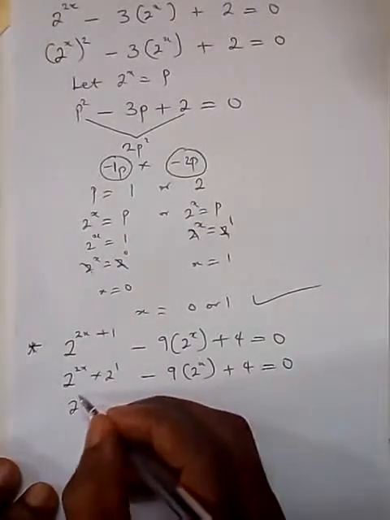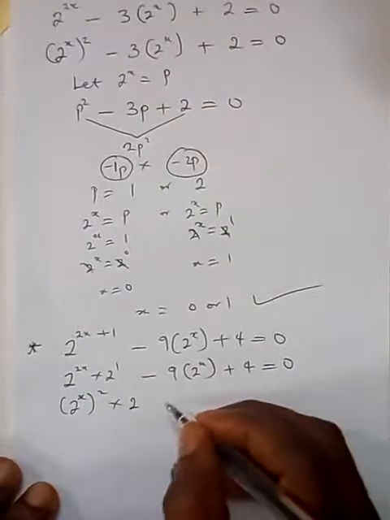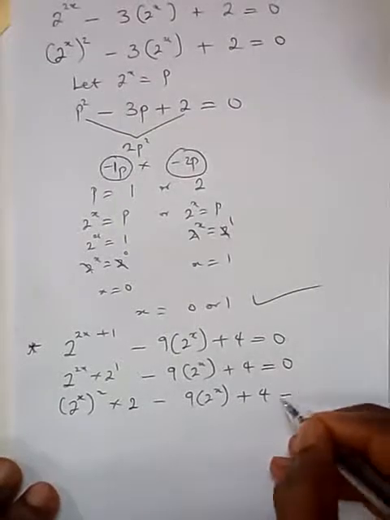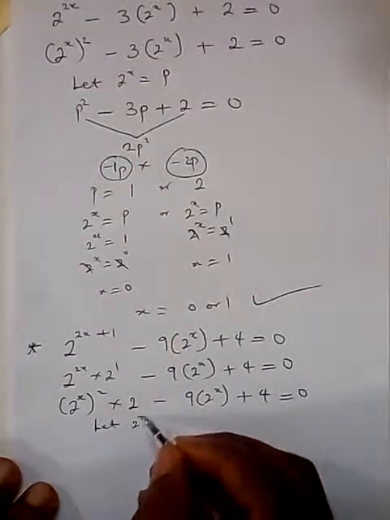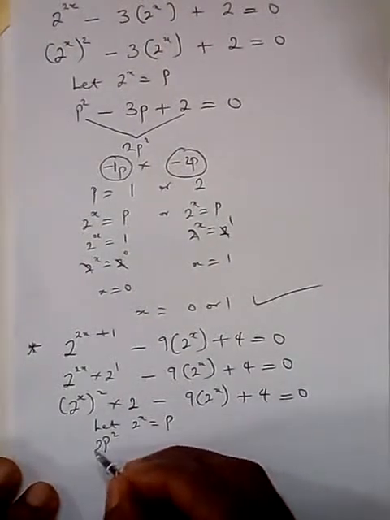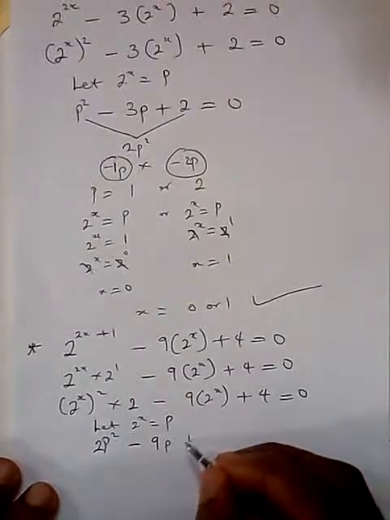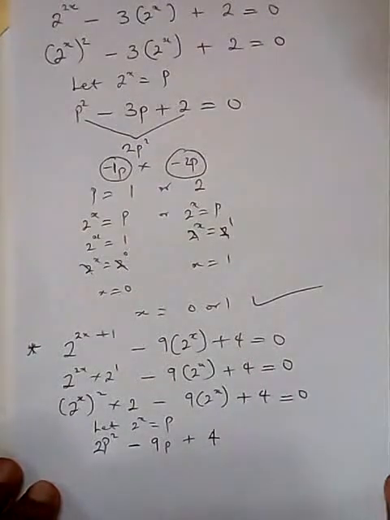Now this is 2 raised to power s raised to power 2 times 2 raised by 1, which is 2, minus 9 times 2 raised by s plus 4 is equal to 0. So if you say let 2 raised by s be p, this is p squared times 2, which is 2p squared, minus 9, this is p, plus 4. Okay, so that's the quadratic equation we have to solve now.